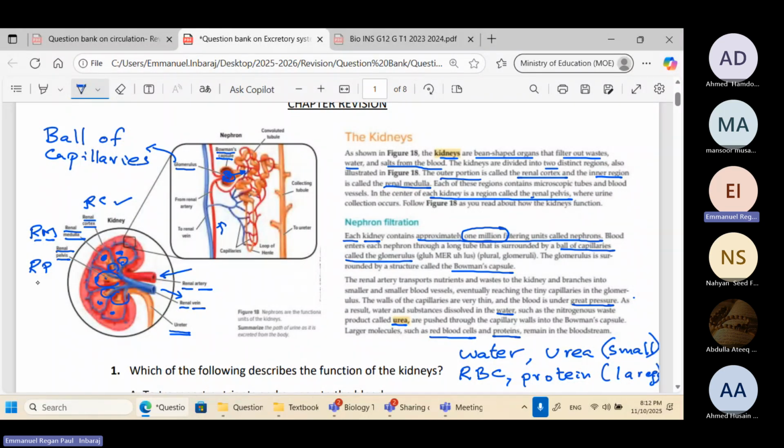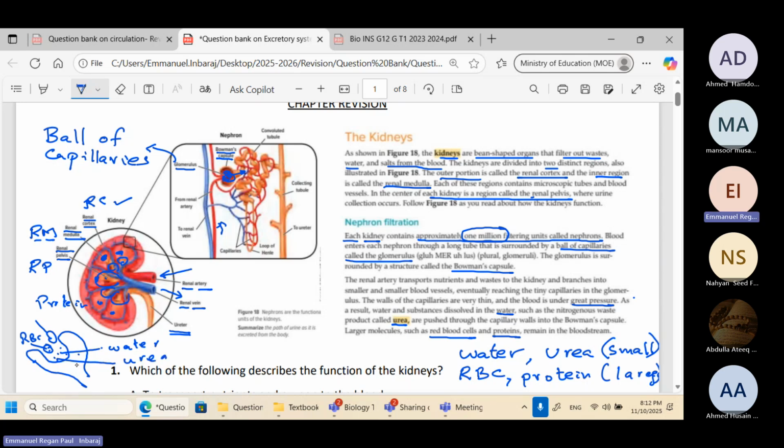So remember this, okay? I'm going to tell you like this. This is the glomerulus. This is the Bowman's capsule, and inside there is the glomerulus. Let's say there are larger particles. Let's say this is protein, and say this is RBC, the red blood cell, and there are very small particles like water and urea.